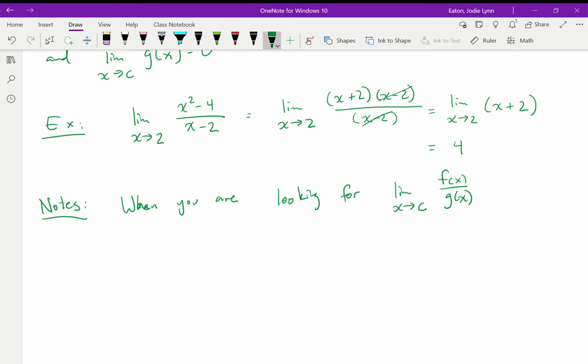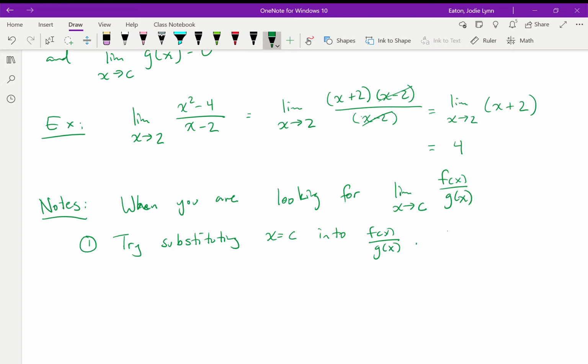So first, try substituting x equals c into f of x over g of x. Okay, that's your first step, is actually just try substituting in.